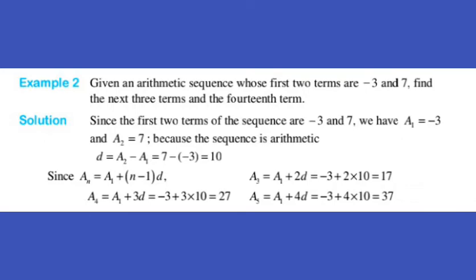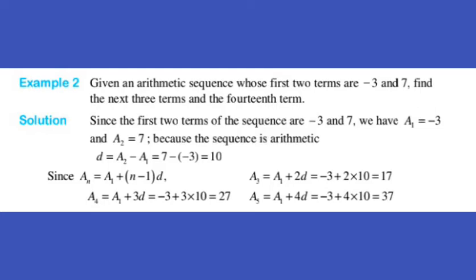We can see another example: given an arithmetic sequence whose first two terms are minus 3 and 7, find the next 3 terms and the 14th term. Given a1 equals minus 3 and a2 equals 7. We know that a2 equals a1 plus d.